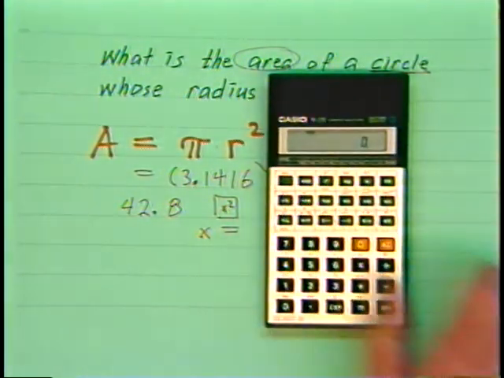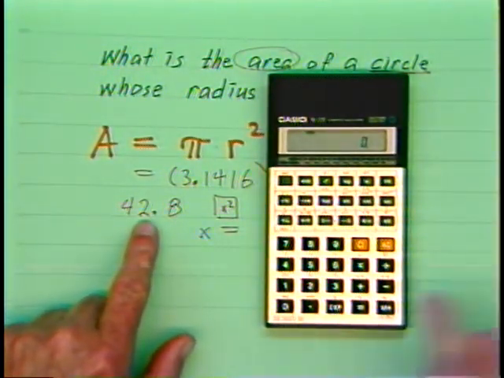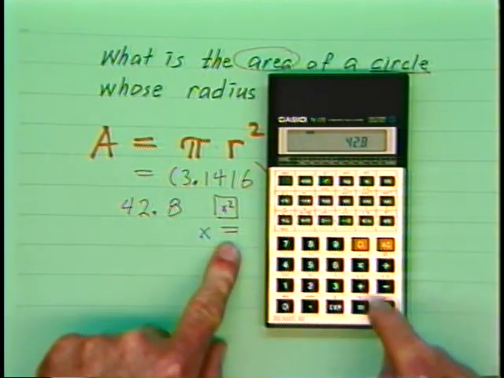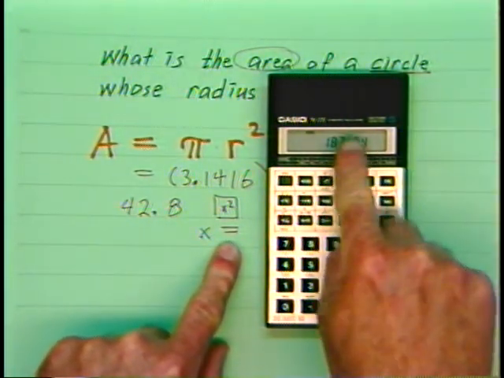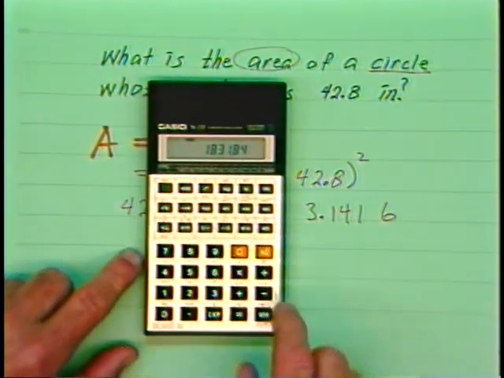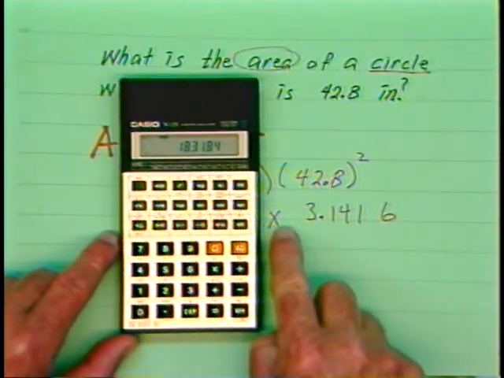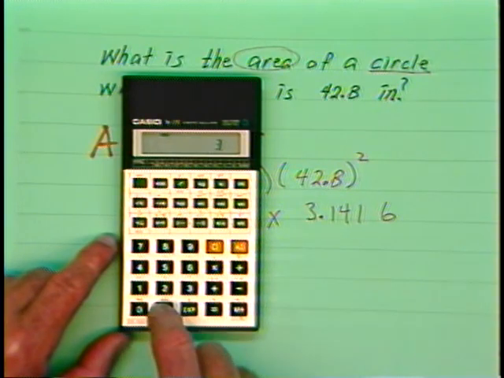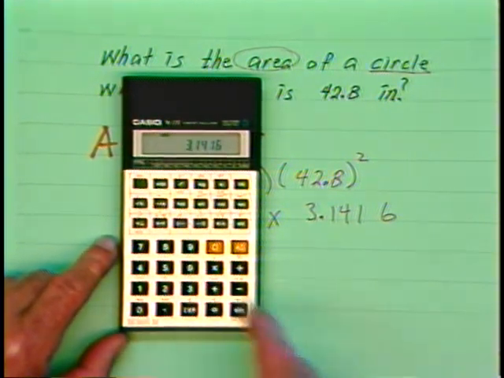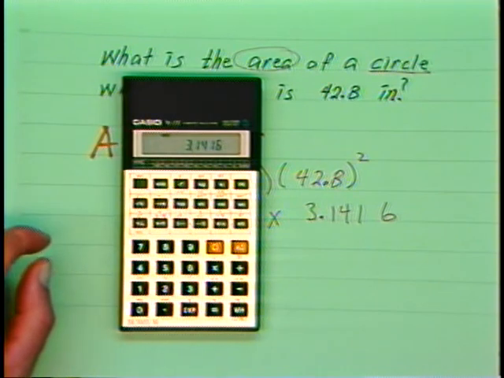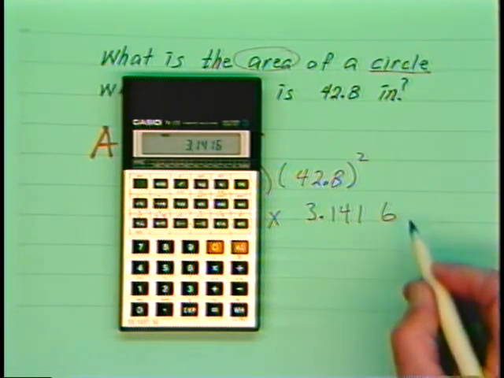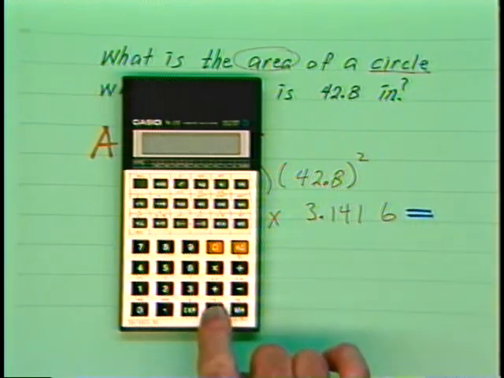So on my calculator, 42.8, and I'll hit the times equal. There's the square. Then times again, but this time times pi. Then finally, to complete the work, hit the equal key.